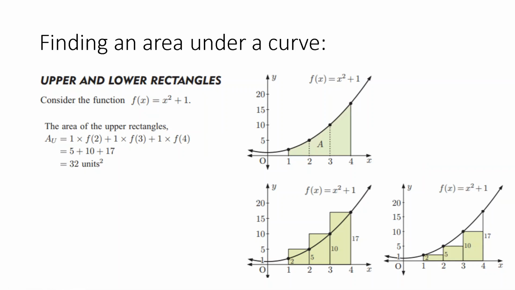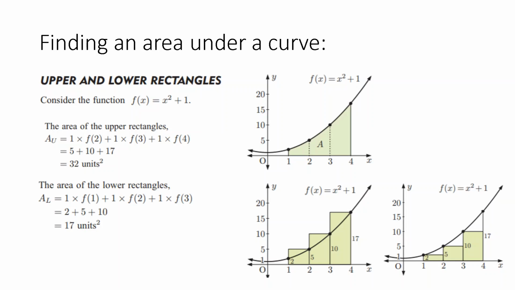So the area for the top one will be just 1 multiplied by f of 2 plus 1 multiplied by f of 3 and 1 multiplied by f of 4. We can just do some simple math there and we get 32. Now let's do the same thing for the lower one, and we get 17 units.